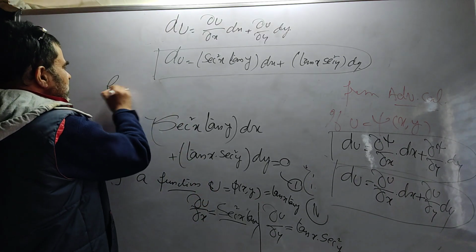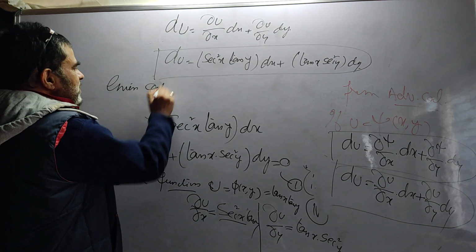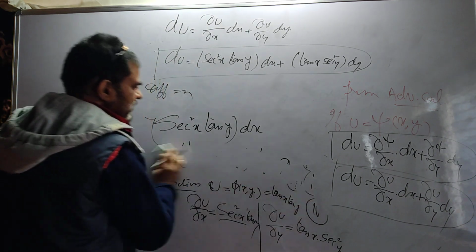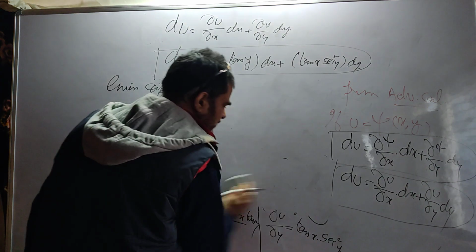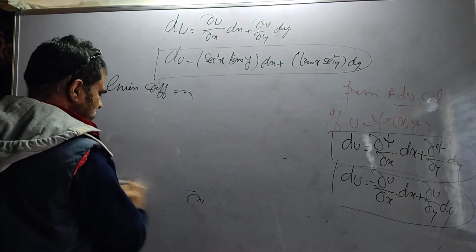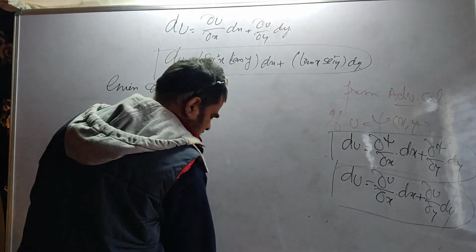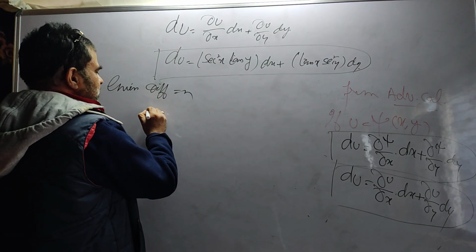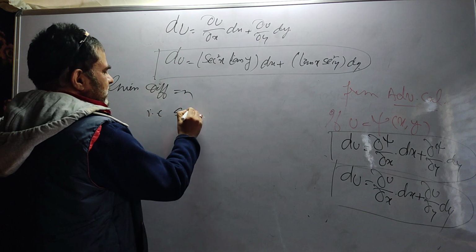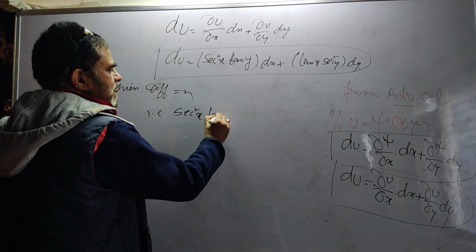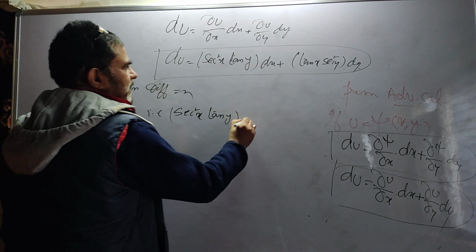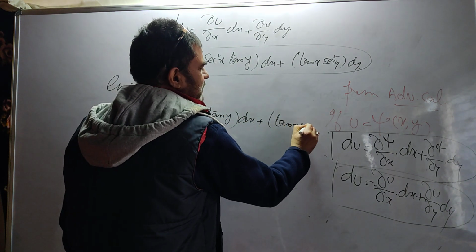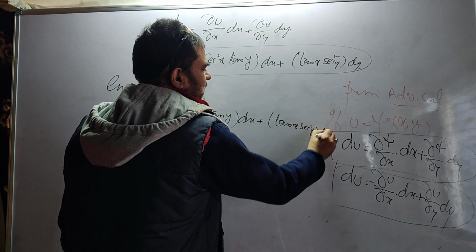You can write the given differential equation, which was your first differential equation, that is sec square x tan y dx + tan x sec square y dy.